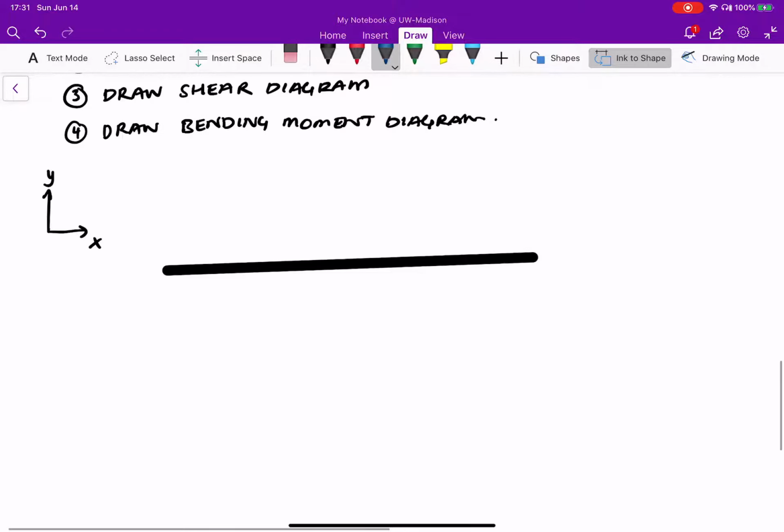So we have RD in the y direction, then FA tangential, RBY, and in this direction, FC radial.